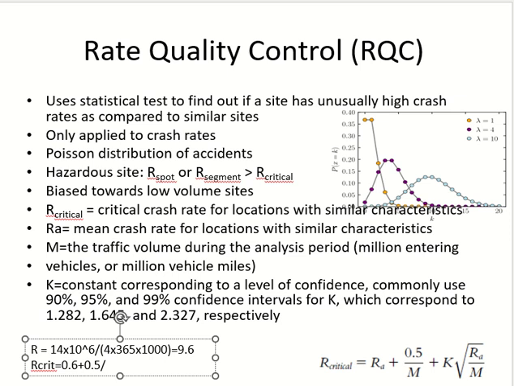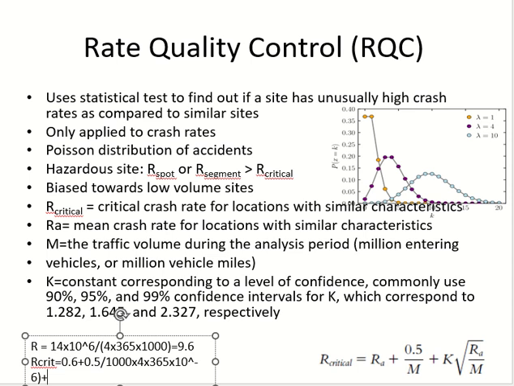My site has 1,000 in 4 years, and to convert to million entering vehicles, 10 to the power -6. Plus K. They gave me a 95% confidence level, so K is 1.645, times the square root of 0.6 divided by this whole thing.